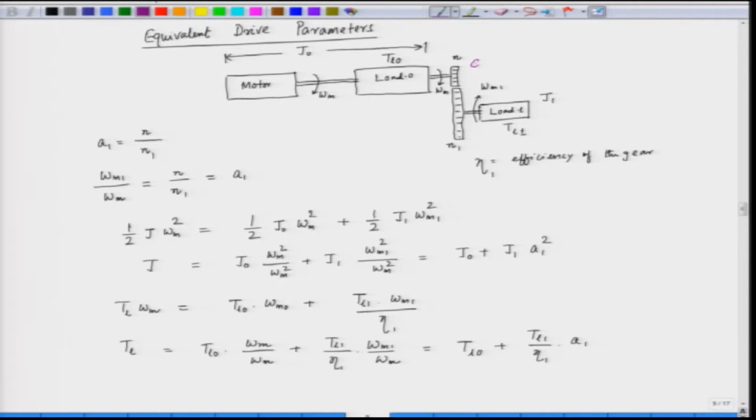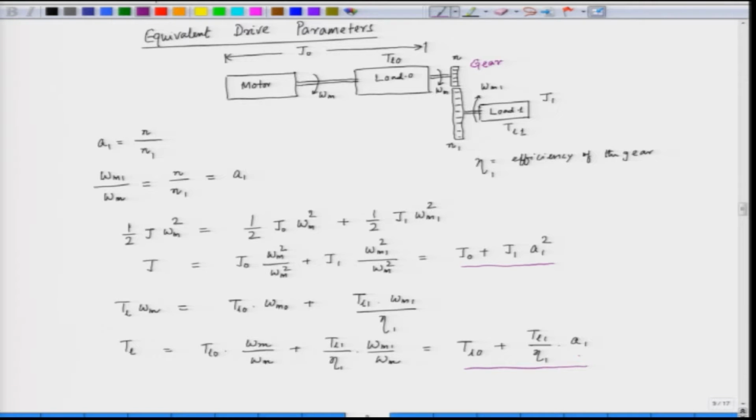Now, in the last lecture we were discussing the equivalent drive parameters when we have a gear in between the motor and the load. So, we have seen that when we have this motor and the load and this gear here, the equivalent inertia appears as J naught plus J 1 A 1 square, and the torque seen by the motor appears as T L naught plus T L 1 by eta 1 into A 1.